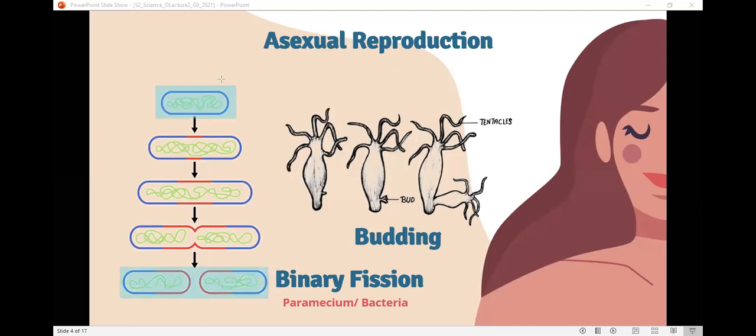Name an organism that reproduces by budding. The hydra. The hydra is an aquatic organism. It lives in water. And by budding, a bud appears on the parent's body and grows into a new individual.